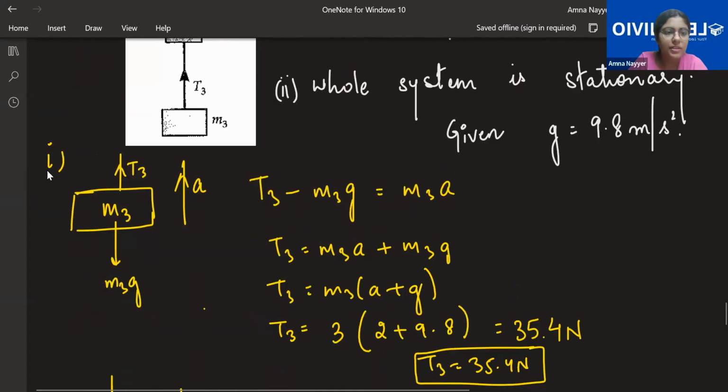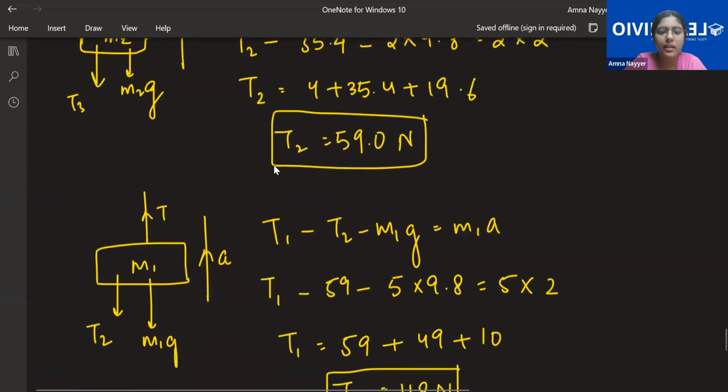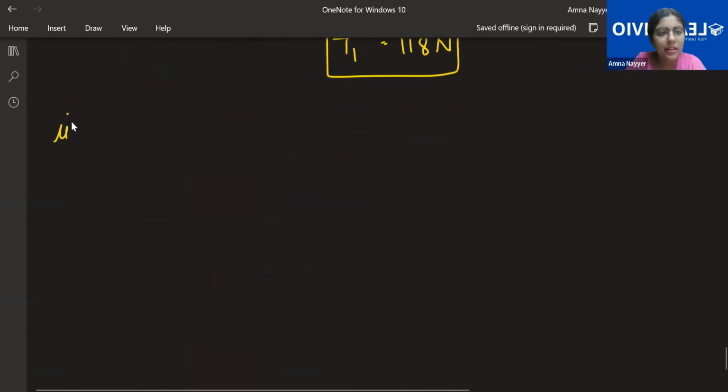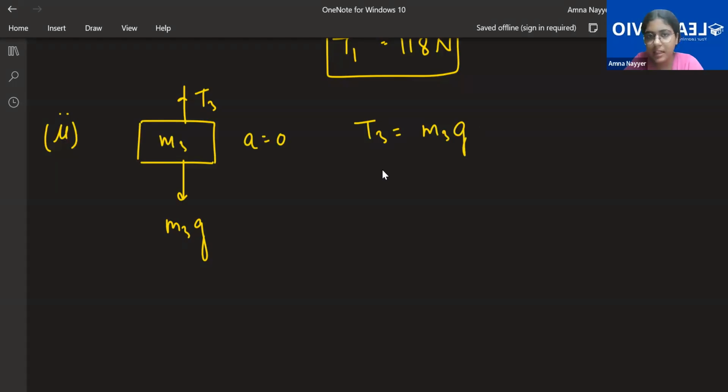This was the answer to the first question. For the second part, when I have block M3, tension is acting upward T3, downwards we have M3G acting. Now acceleration is zero. I'll straight away say T3 is equal to M3G. So T3 is equal to what was M3? Just check.